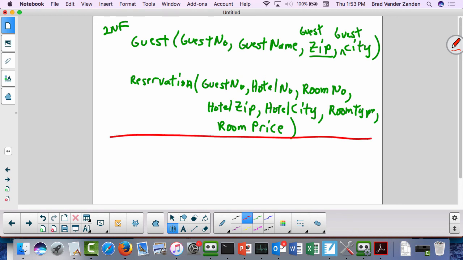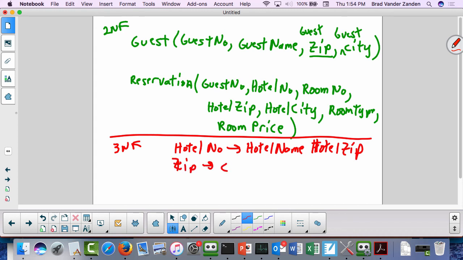So to get to third normal form, my dependencies were: hotel number determines hotel name and hotel zip. And I had zip determines city. And I had room number and hotel number determining the room type and the price.